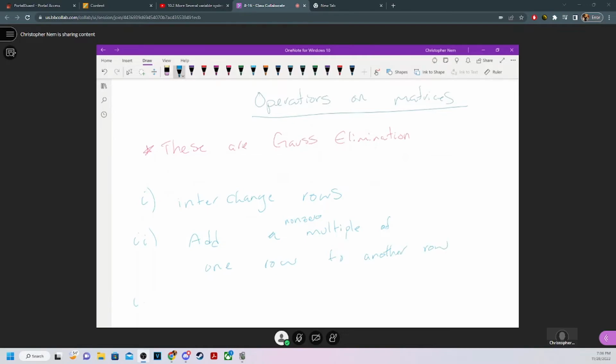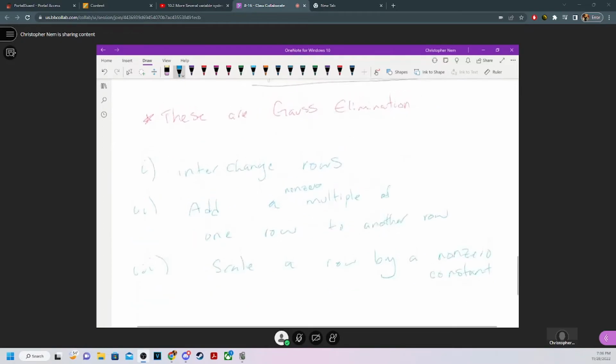You guys already have this right here. And then I can scale a row by a non-zero constant. Of course, I don't want to multiply it by 0. Otherwise, it would just ruin the matrix, because then you would have a row full of zeros or a matrix full of zeros, and that gets us nowhere. All right, so your operations on a matrix are the exact same as your Gauss elimination on your linear systems.